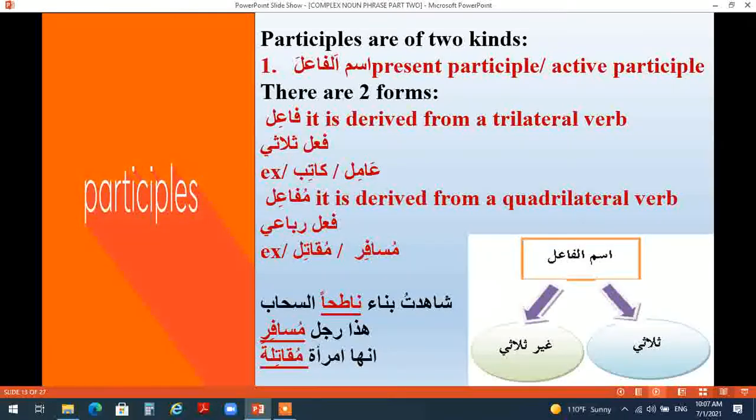نلاحظ مثلا في الأمثلة: شاهدت بناء ناطحا السحاب. كلمة بناء هي الاسم أو the head word in this sentence.